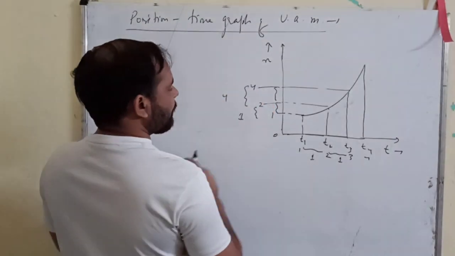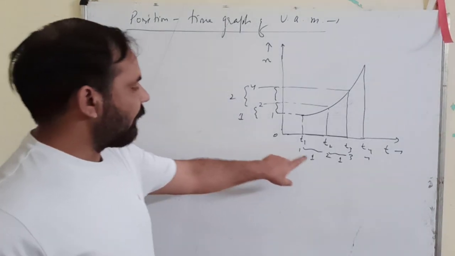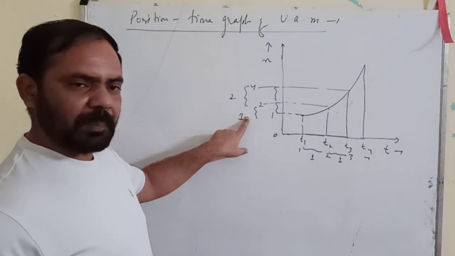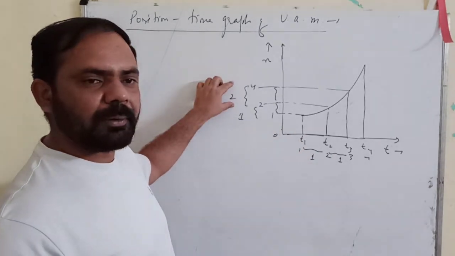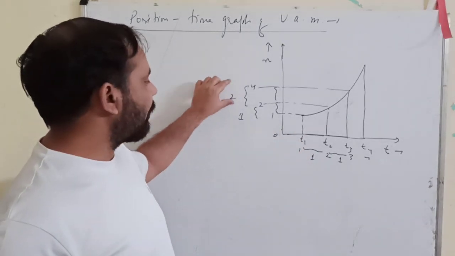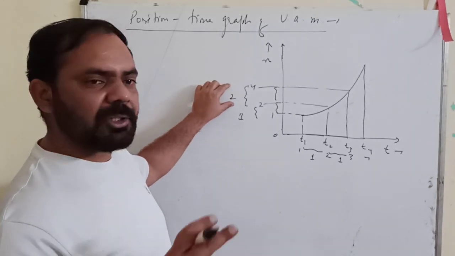Let us suppose that this is 4. So the displacement is 2 units. In the first second, 1 unit displacement. In the next 1 second, the displacement is 2 units. So the rate of change of position is changing.